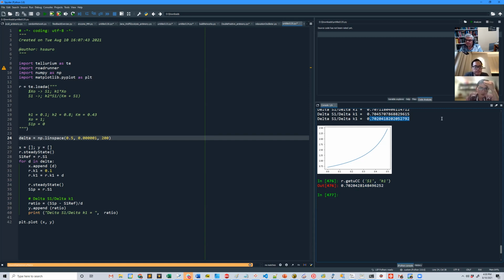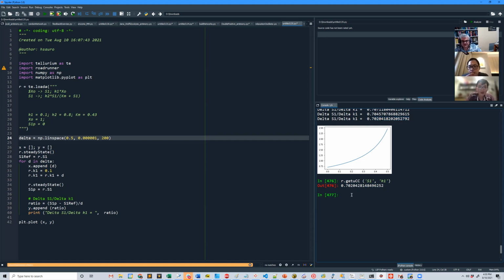So what is that derivative called? We call it the unscaled control coefficient. It's d some variable, d some input or parameter.